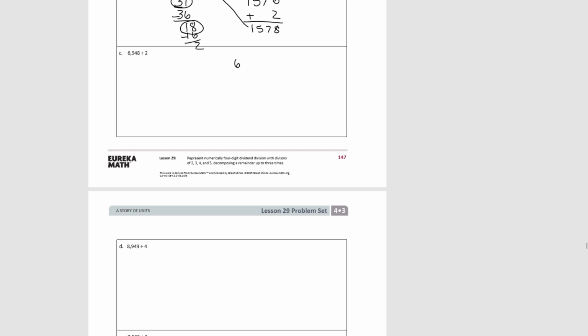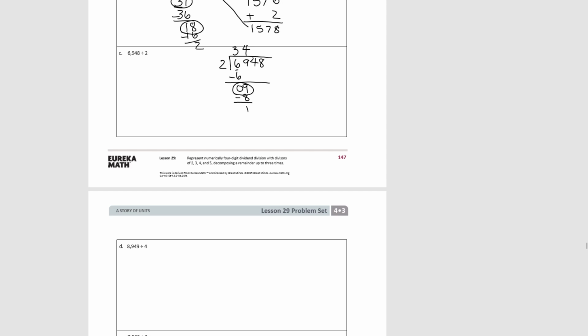Okay, we have 6,948 divided by 2. We look at the thousands, and yes, we can divide 6,000 into 2 groups. We can put 3 in each group. So we've used all our thousands. We have 900s. We can put 400s in each group. So we've used 800.